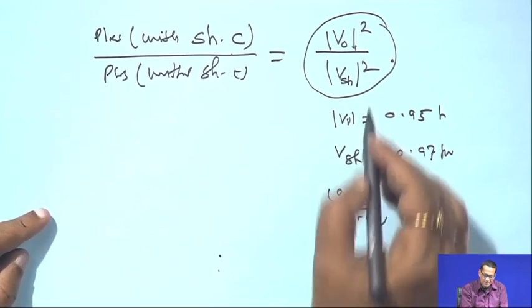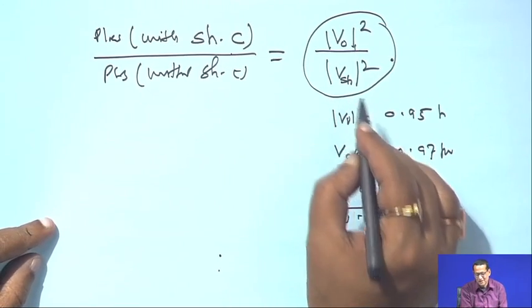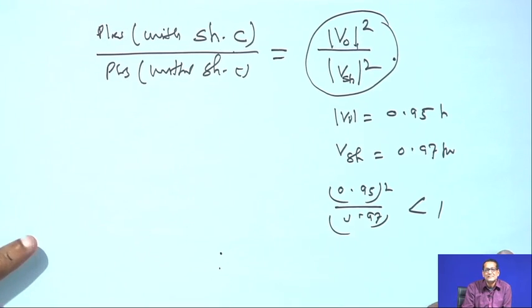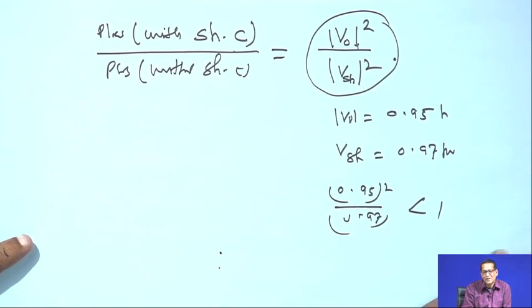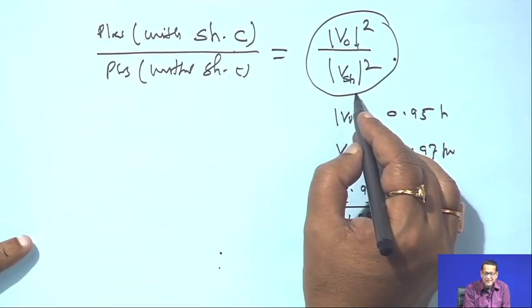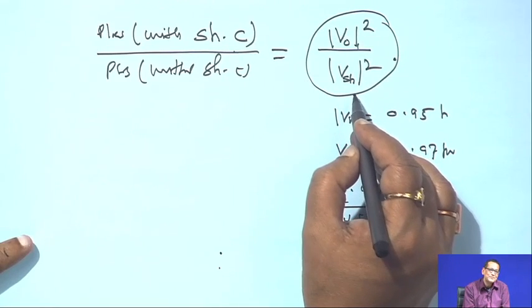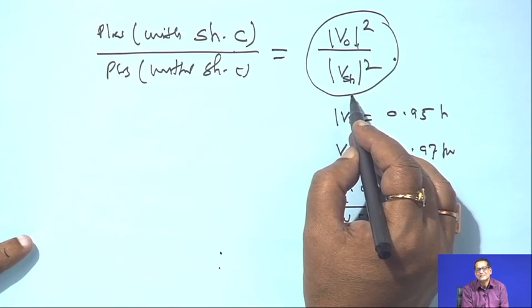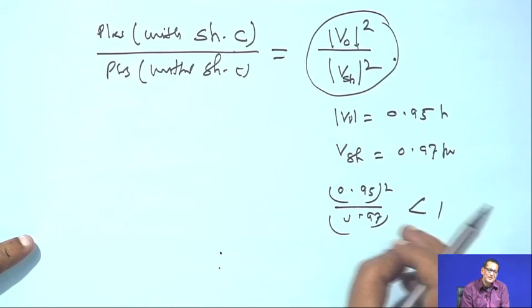But in some cases in a distribution system, in a large network, it may happen that at some nodes the receiving end voltage is slightly greater than the sending end voltage. This may happen at maybe 2-3 nodes in a large network.